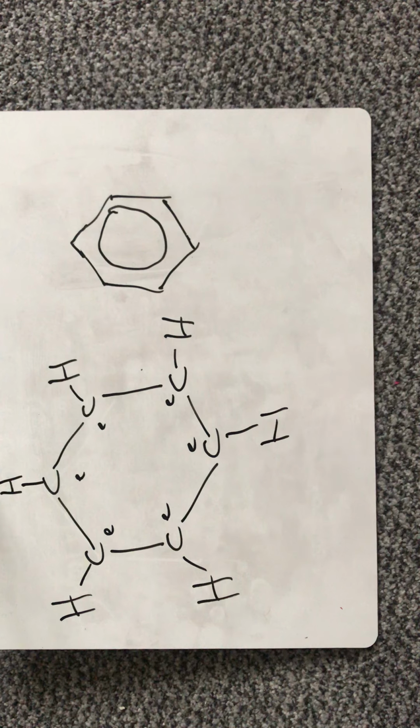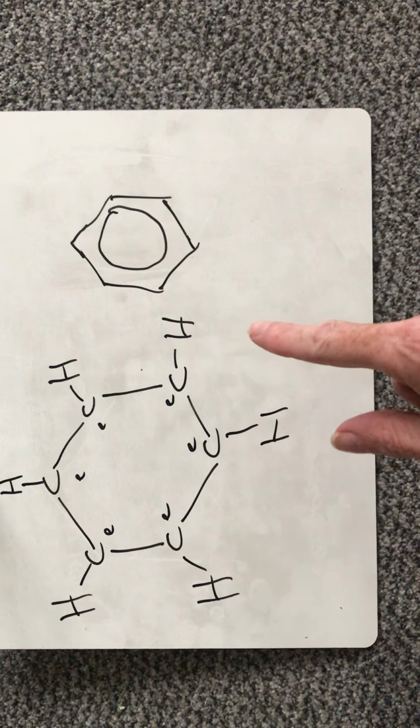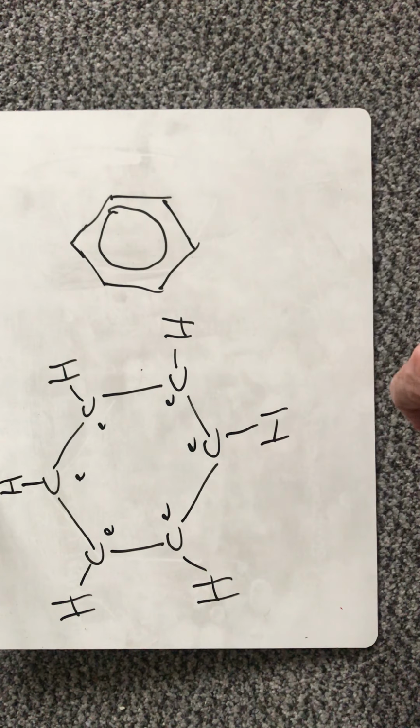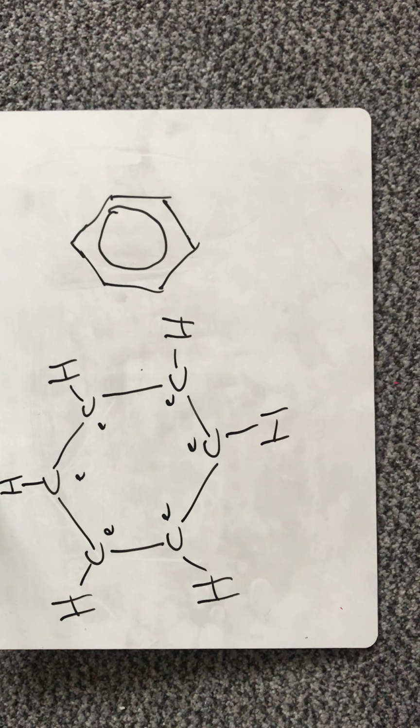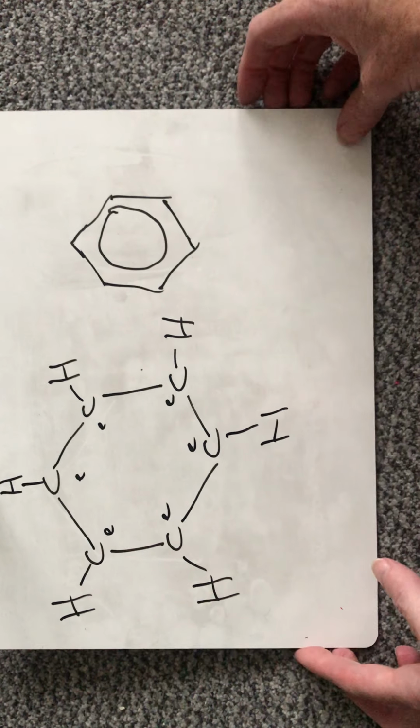It's a pi system like we used for carbonyls and alkenes. We do an entire topic on benzene, but just so you know, it's a 6-carbon ring with 1 hydrogen on each of the carbons, and that extra electron is in that pi ring in the middle there. So that's what benzene is, just a little bit of background information.